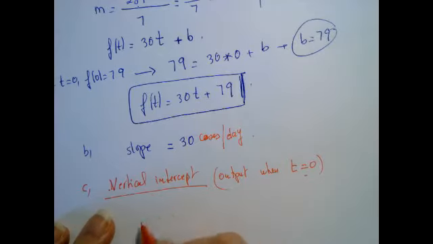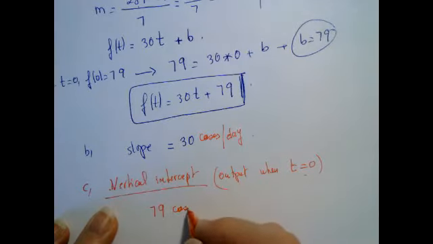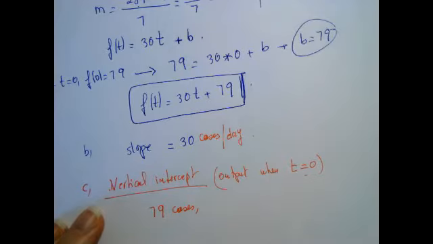79. What's the unit? Cases. What does it mean? It's the initial number of cases that we start off with. Right. It means it's the number of cases in this particular problem on March 17, 2003. So 79 represents the number of cases at t equal to 0.